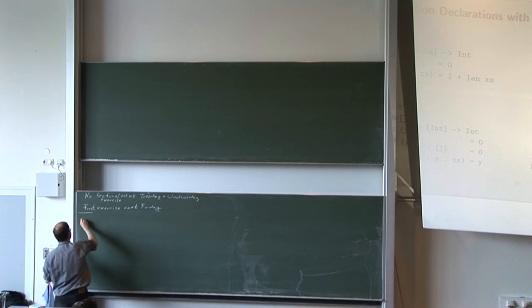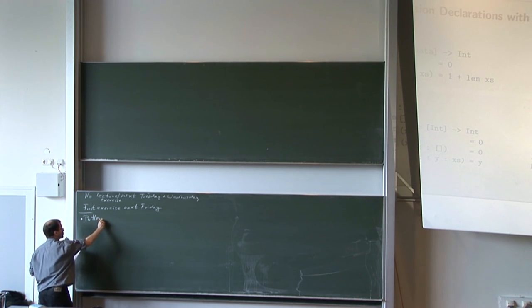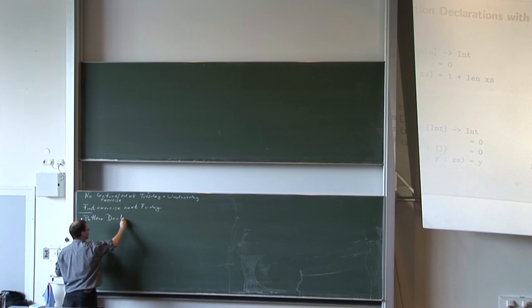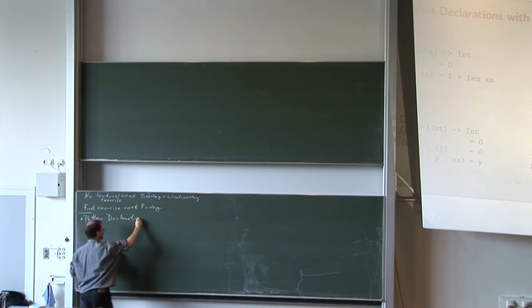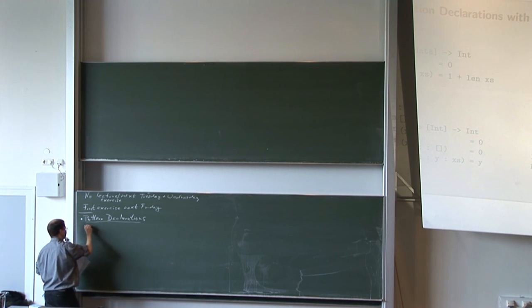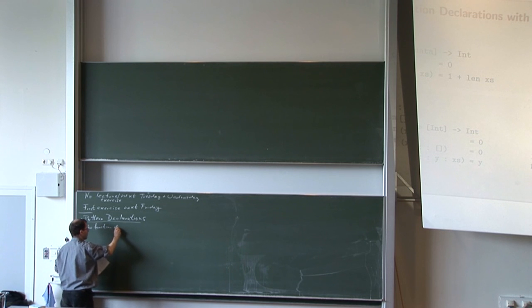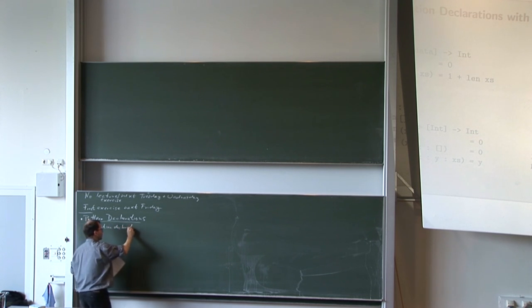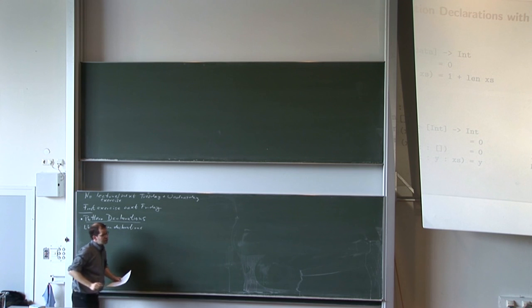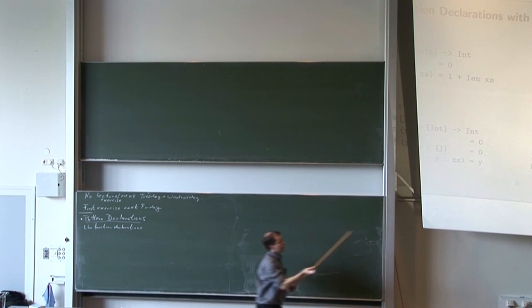So this is the next component in these very basic components of Haskell. We also have pattern declarations. And pattern declarations are almost like function declarations. But for a function declaration, the left-hand side always looks like this.